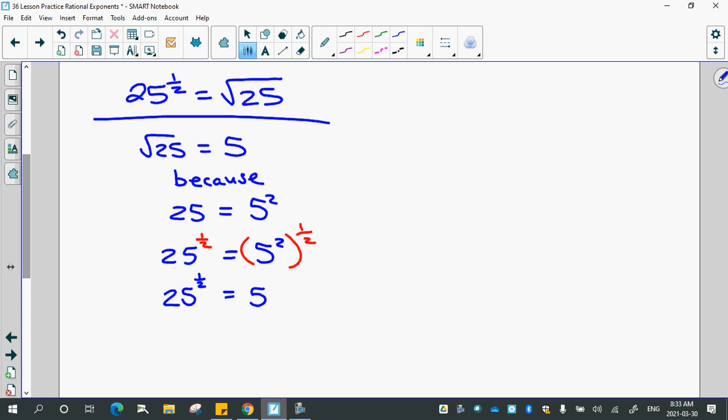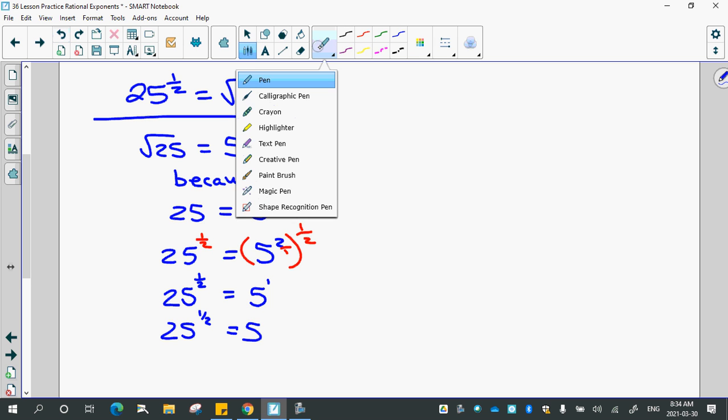Multiply them, so we're multiplying 2 times 1/2, which gives me 1. Really good. Because you multiply the tops together, you get 2, bottoms together, you get 2, and 2 over 2 is 1. So in other words, 25 to the 1/2 is equal to 5.